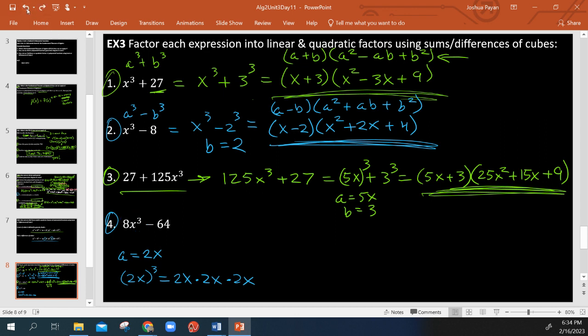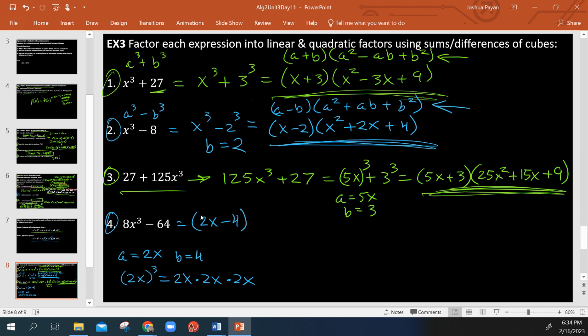So from there, we're going to plug in. a is 2x minus b, which is 4, because 4 to the third power is 64. I'll go ahead and write that here.